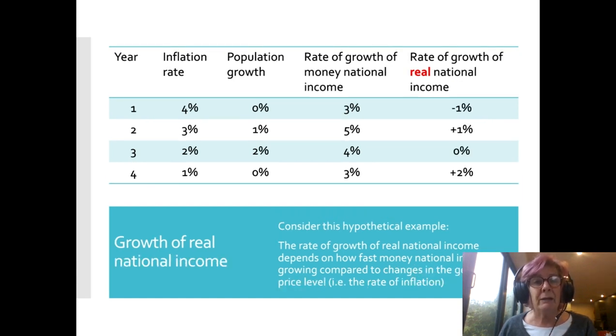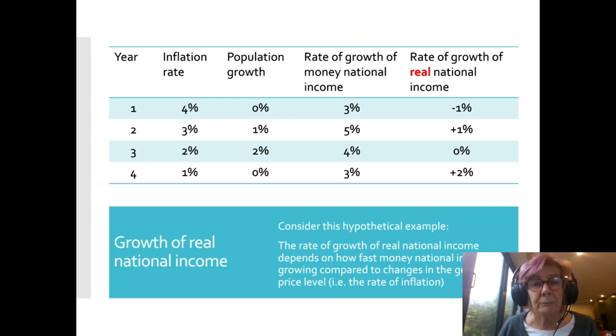However, if we think about this a bit more closely, in year one, although the money growth in the economy was 3%, inflation was actually running at 4%. So it means that all of this growth and more was down to an increase in prices. So in actual fact, the growth of real national income was minus 1%.